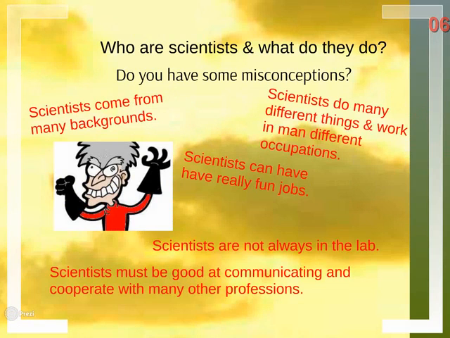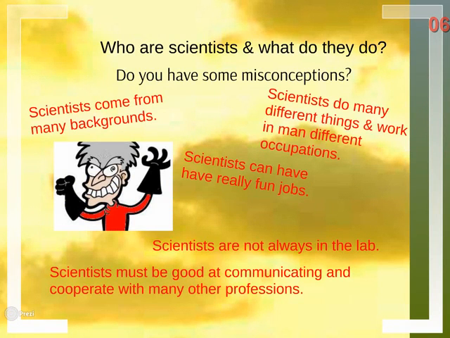So what exactly is a scientist and what do they do? There's a lot of misconceptions about this. A lot of times people think scientists are always found in the lab and never leave the lab. Scientists actually come from a wide variety of backgrounds and work in a wide variety of fields. They will work in many different occupations. Scientists can have really fun jobs, and a lot of times they're very happy with what they're doing.